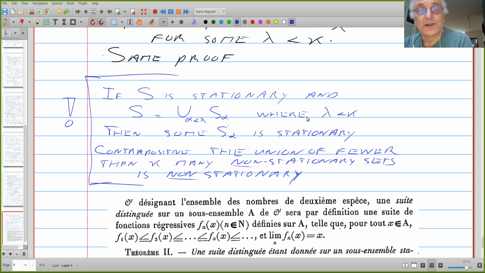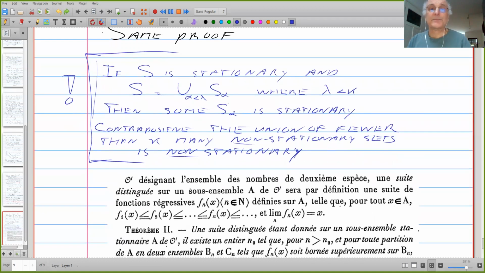And this all relies on the fact that if you take fewer than kappa many closed unbounded sets, then the intersection is still closed unbounded. And that immediately proves the contrapositive statement, but it's this version, the one with a small union of sets where the union is stationary, then one of the sets is stationary. That one is quite important in many cases.